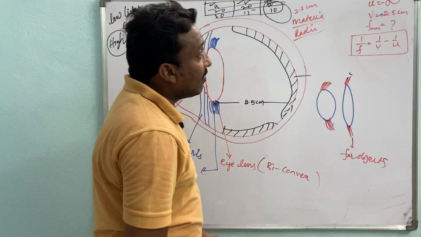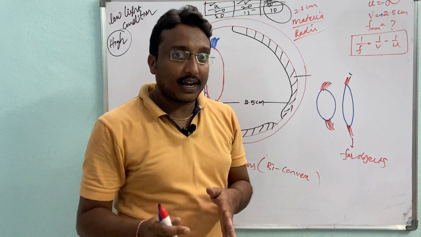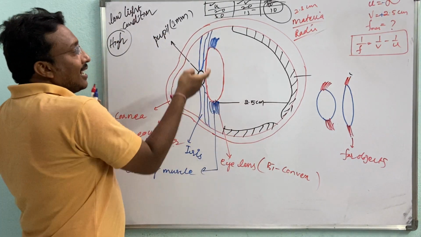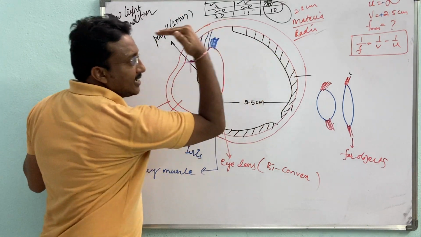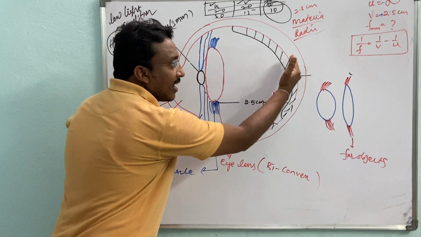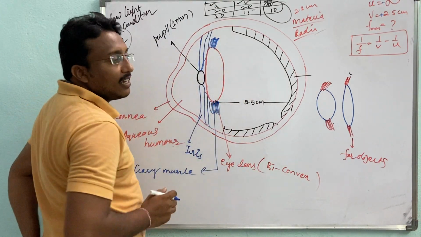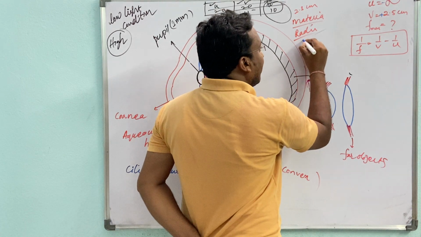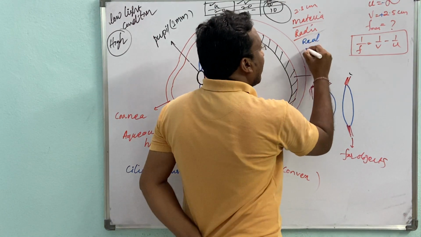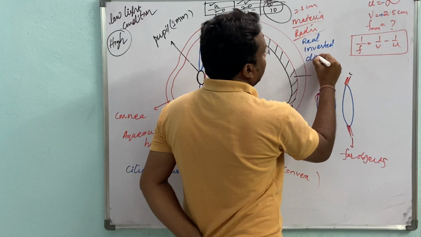With a biconvex lens, image distance may also be negative, no? But here, the image of the eye lens is formed on the retina. What type of image does our eye lens give? Our eye lens gives a real, inverted and diminished image.